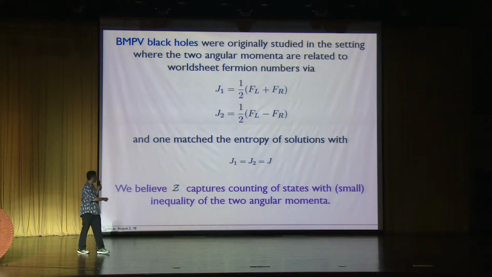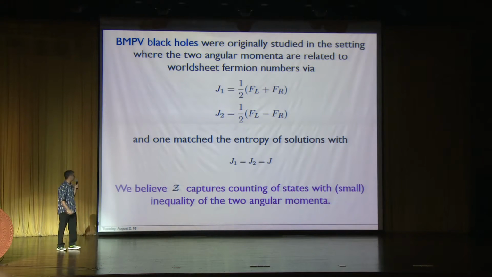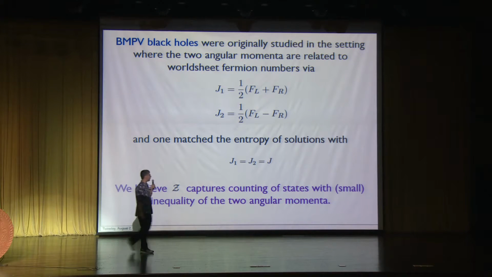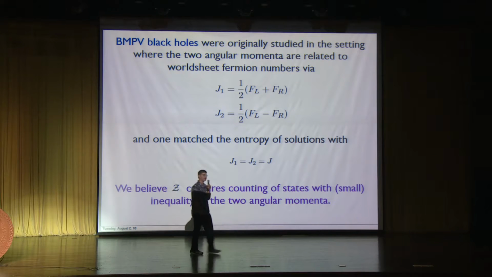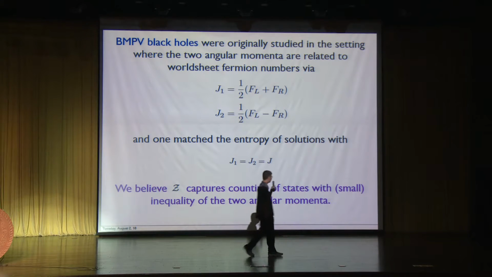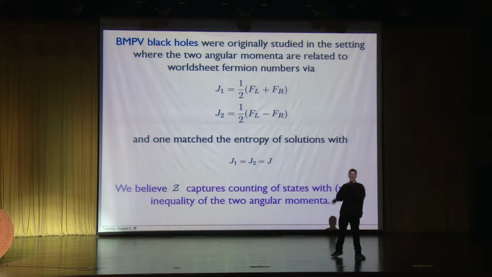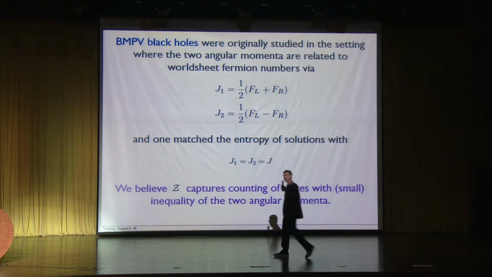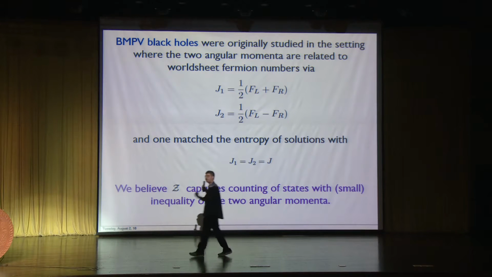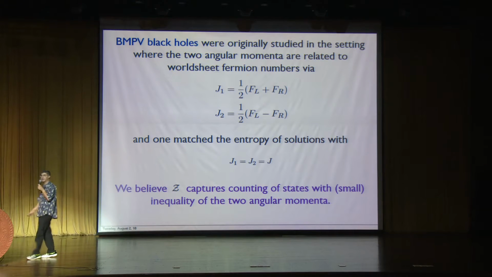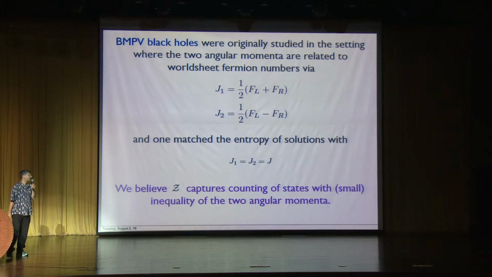We believe that this new function script Z that I've just defined captures counting of states with small inequality of the 2 angular momenta. Because of bounds on the possible values of F right in the ground state of such a supersymmetric system, the new quantum number never gets very large. It's bounded by the central charge of the CFT in which you're computing it. And so this is a small enough deviation that it does not need to be visible in macroscopic supergravity. But it seems to be visible in this function, which we believe is counting microstates.